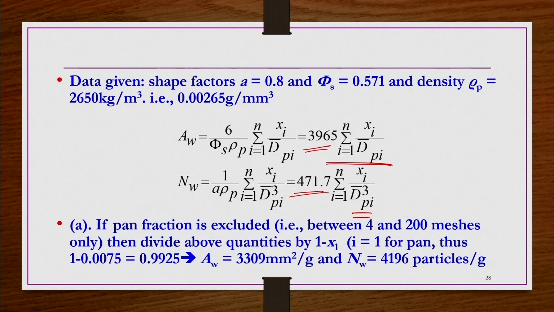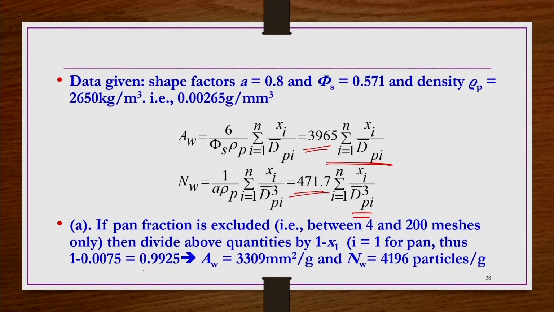But the question asks for the total number of particles between 4 mesh and 200 mesh. So whatever particles are present in the pan should not be considered, they should be excluded. When you exclude them, you get the true number, otherwise you get a different number. The pan fraction, x1, is 0.0075, so 1 minus x1 is 1 minus 0.0075, which is 0.9925.